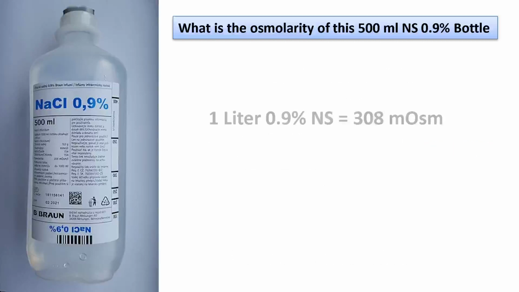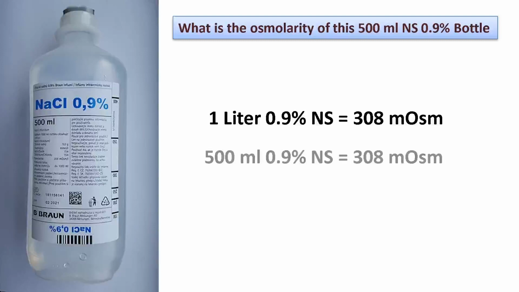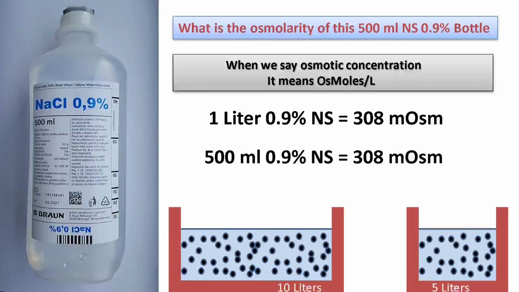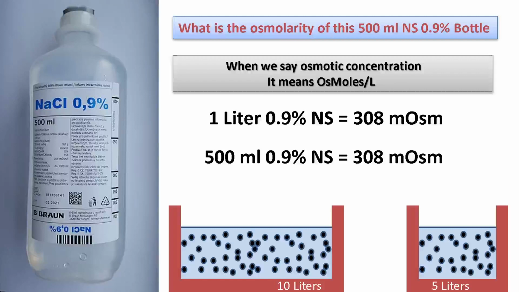Therefore, we can say that 1 liter of normal saline has an osmotic concentration of 308 milliosmoles.